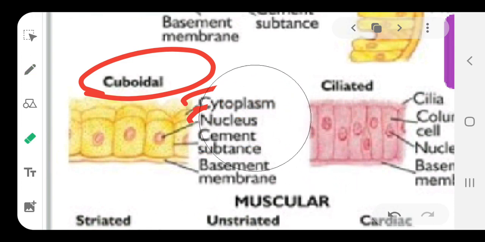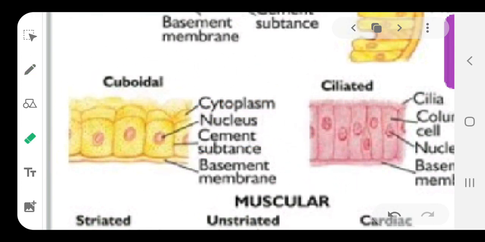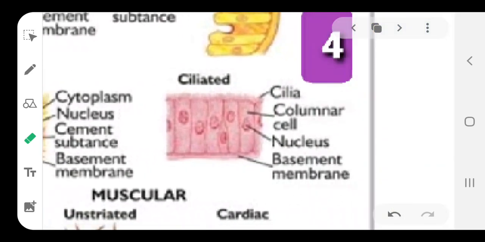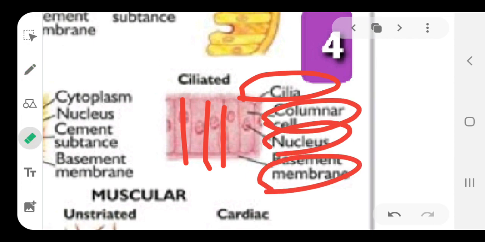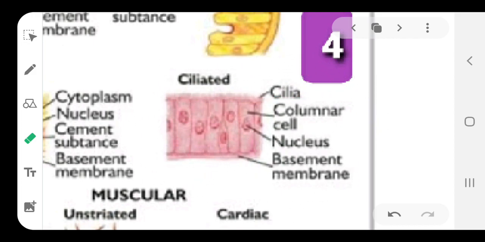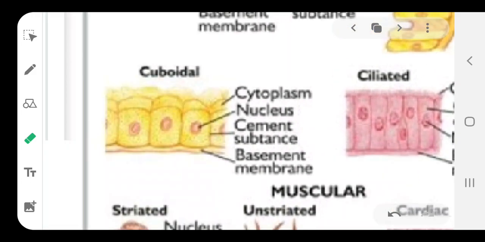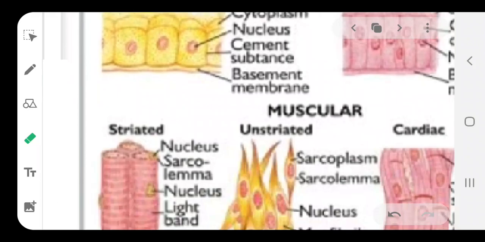You can see these names are quite common in all labelings, but you just have to know where they are. Then we have the ciliated epithelial tissue, as the name states. They have cilia, and again the cells are column-like, so they are columnar cells, with nucleus and basement membrane. These terms we have already told you. So, these are the types of epithelial tissue.